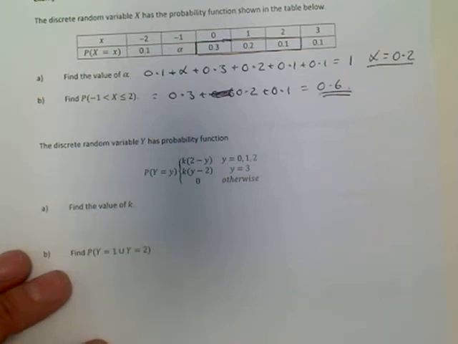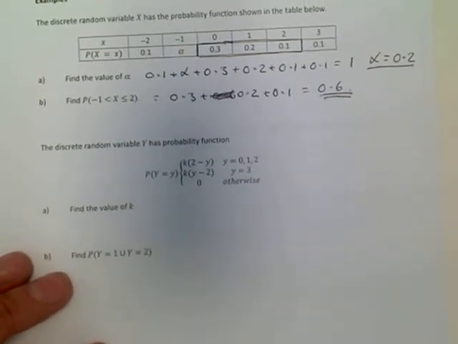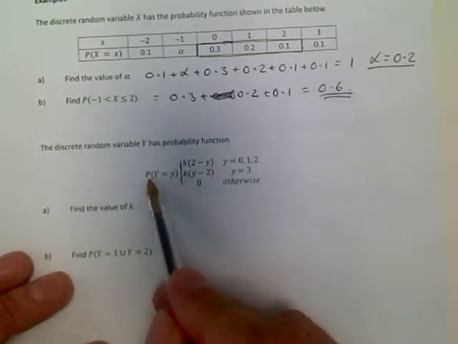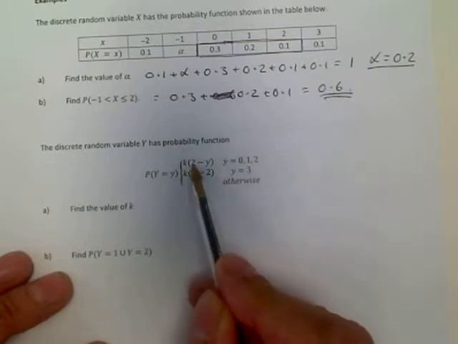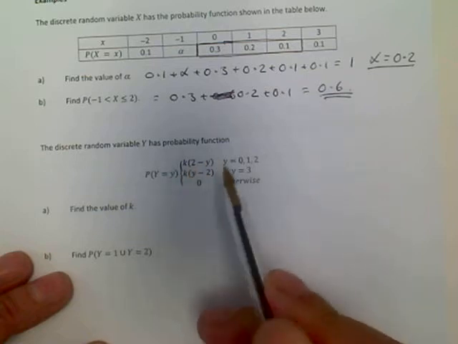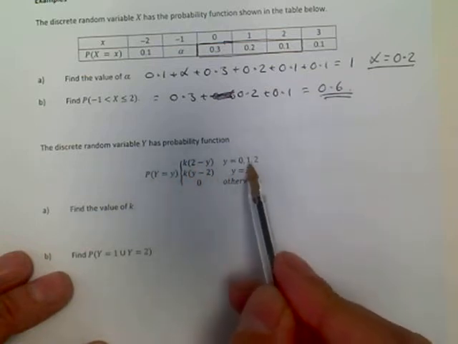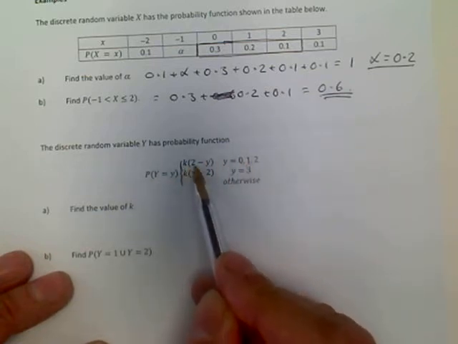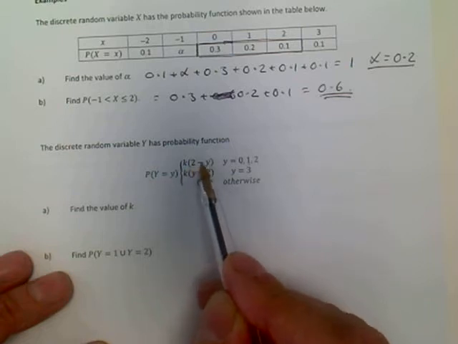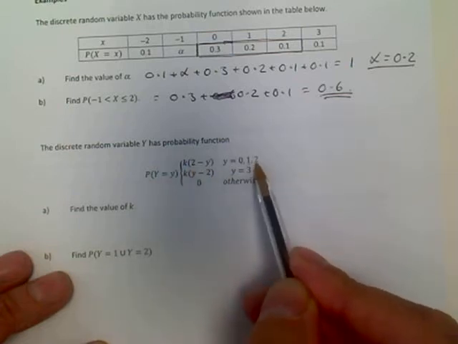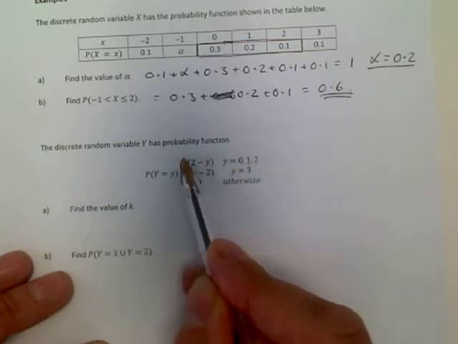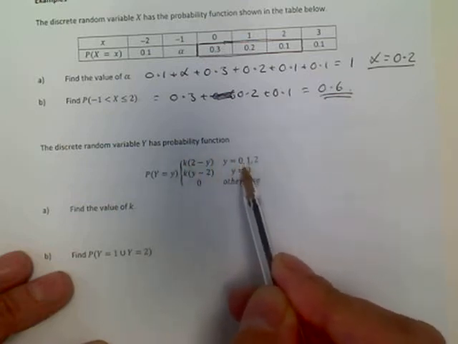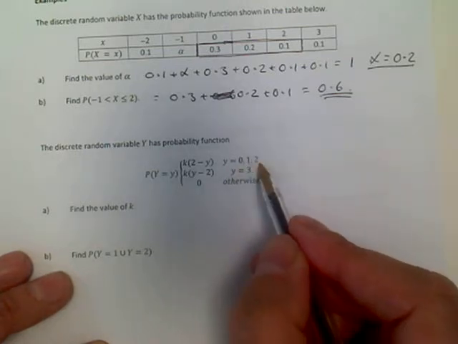So what this is telling us is that the probability of y being 0 is k times 2 minus 0. The probability of y being equal to 1 is k times 2 minus 1. The probability of being equal to 2 is k times 2 minus 2. So we can work out our probability of the variable taking each of those values.